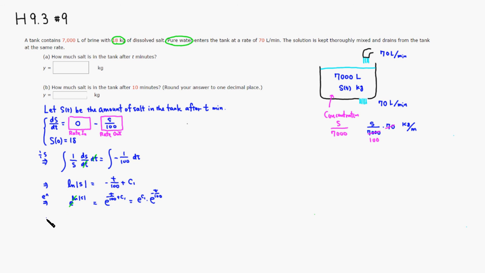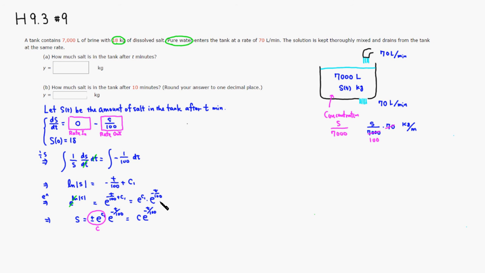To get rid of the absolute value sign, I'm going to put a plus or minus here just in case. There's no point of using a complicated expression for a number, so I'm going to just call that C. So this is simply C times e to the negative t over 100.